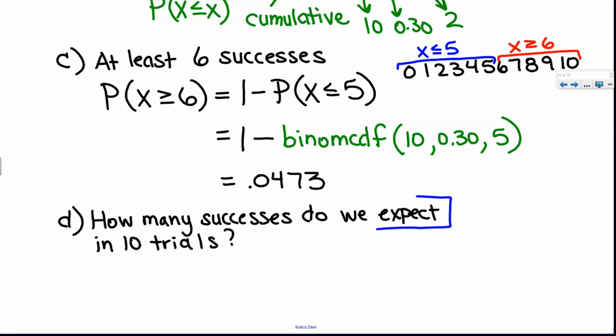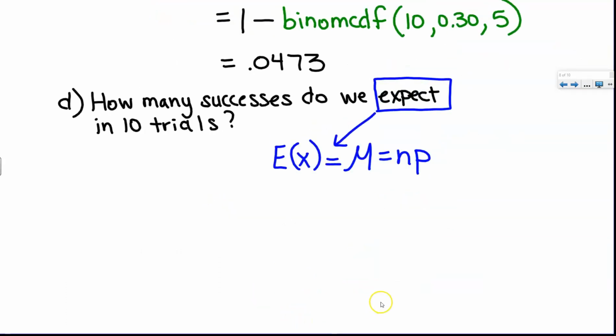When we are looking at expect, we're thinking of our expected value, which is the mean, which for binomials is just n times p. So to find the expected value, we would do n, which is 10, and p is 0.3. So we expect 3.